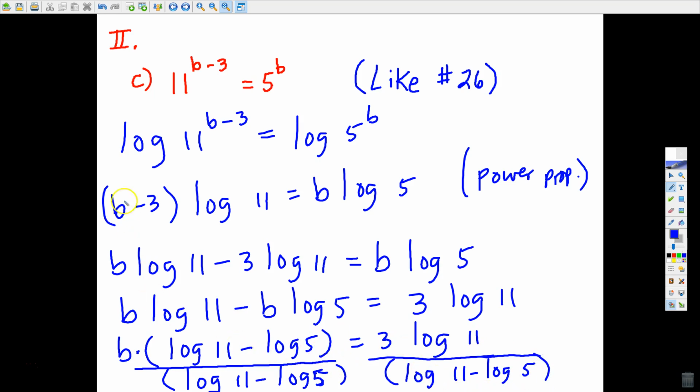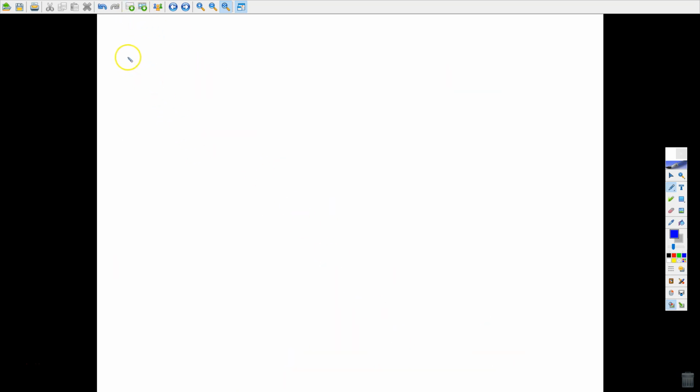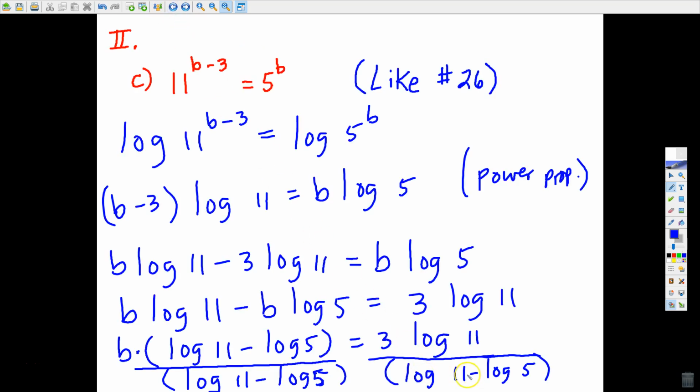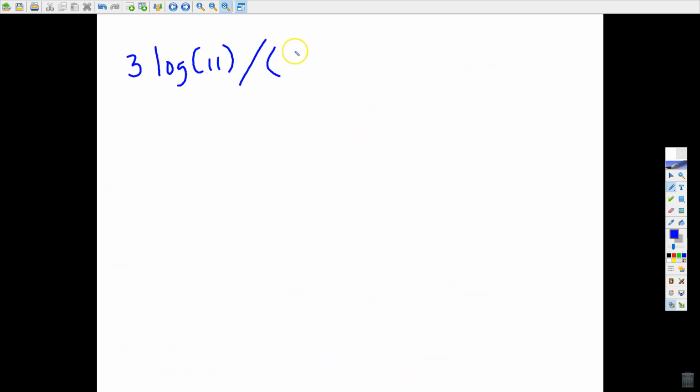I'll give you a chance to make sure you get that down. I'm going to go to a new screen, and I'm going to just make sure you're using parentheses correctly, so you can just do all of this on one line. Okay, so in your calculator, you're doing 3 log 11, and then you hit divided by, and then we need parentheses. Log 11. So if you do exactly what I'm doing in your calculator, it should work.